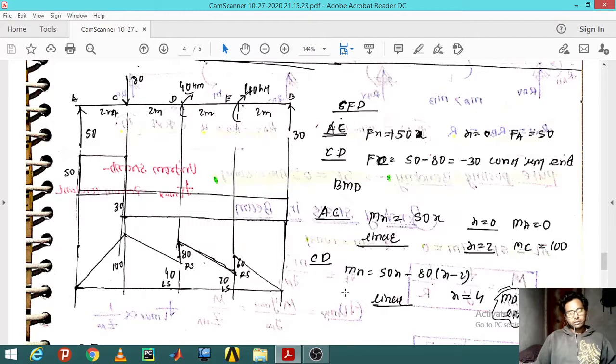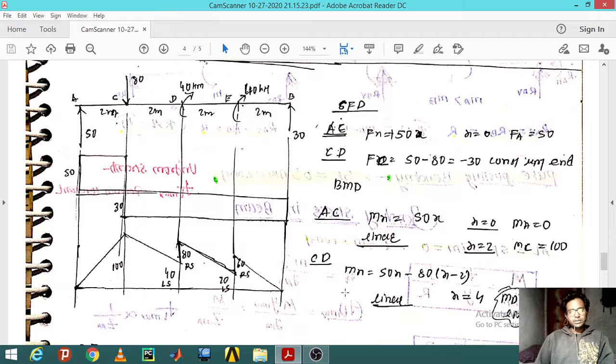In this direction, if you move, we already know 30 kilonewton, but after that there is a moment which acts at the D and E points, but we need not calculate with respect to that, because there is no effect of that moment on the shear force diagram.